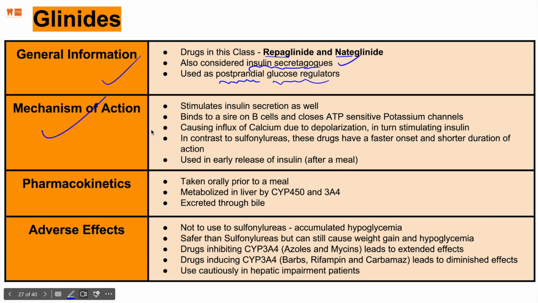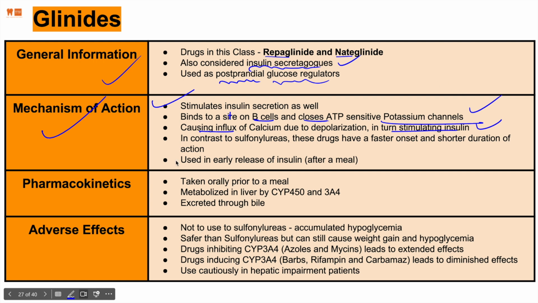So in mechanism of action, it stimulates insulin secretion as well, just like sulfonylureas. It binds to a site on beta cells and closes the potassium channel. Okay, calcium influx comes in and in turn stimulates insulin release.